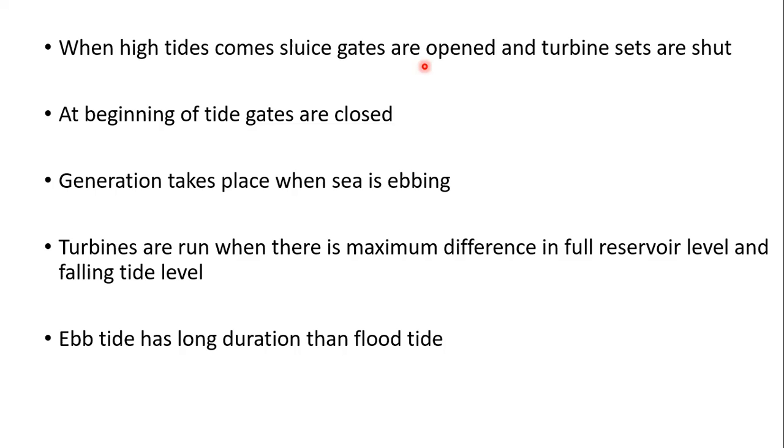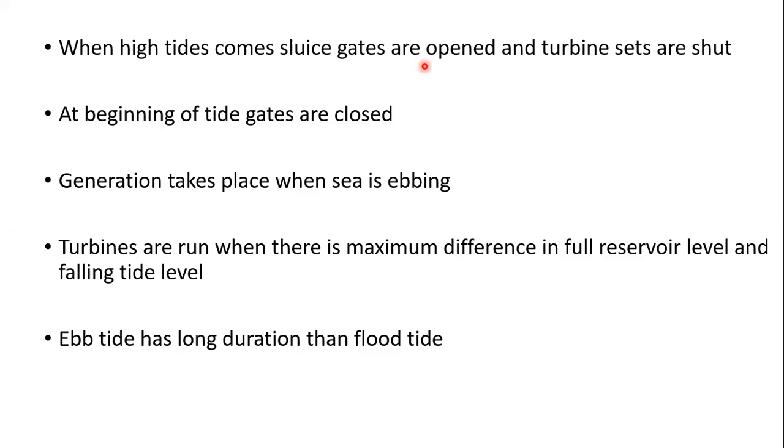If you generate the power using only the flood tide, it is called a single cycle system, because during the flood tide the water flows one way into the basin and we generate the power.